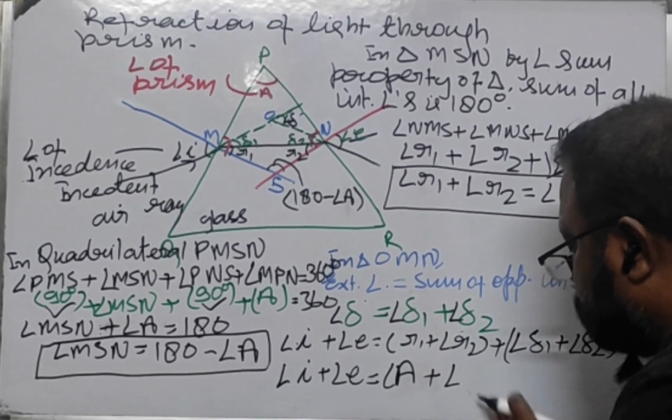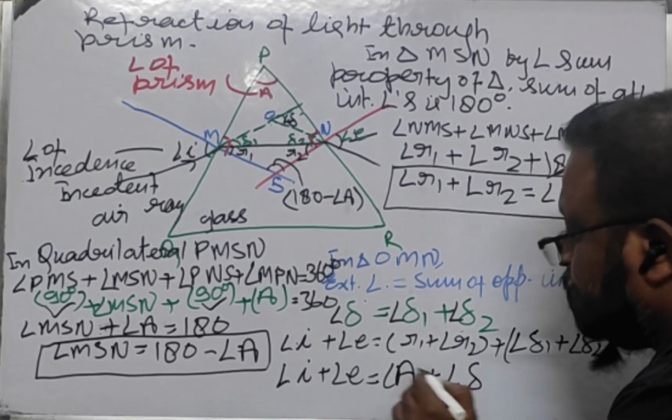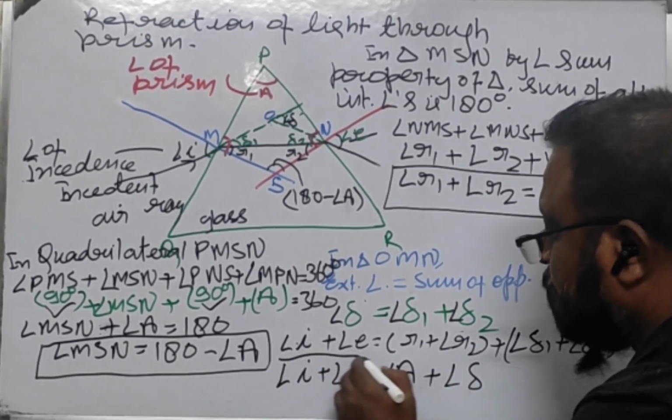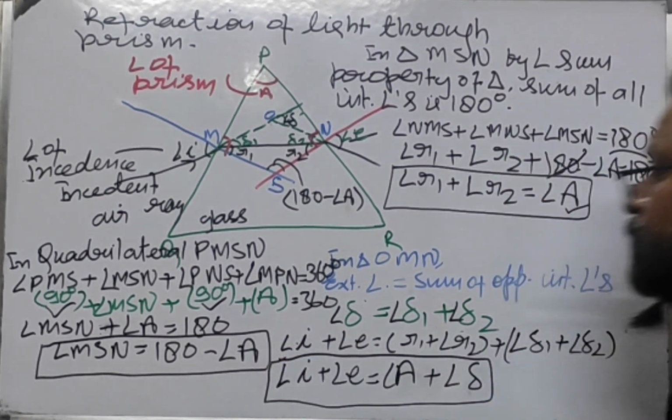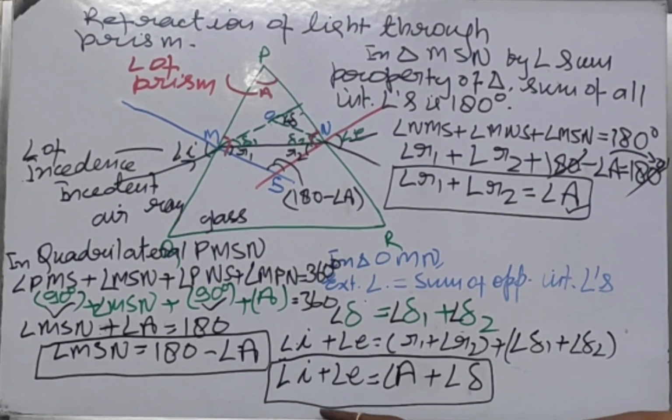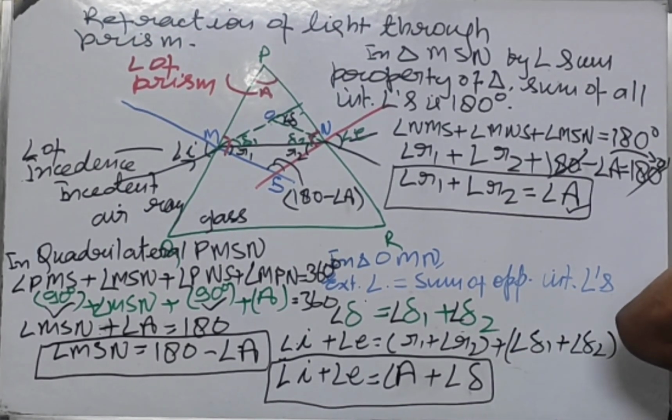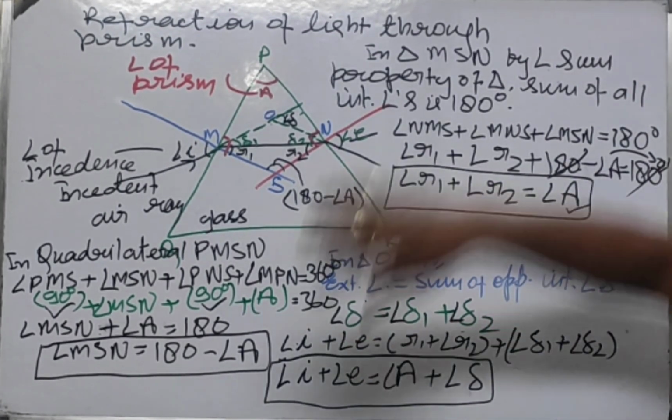So this is the relation we have. Angle of incidence plus angle of emergence is equal to angle of prism plus angle of deviation. I hope you understand. So this is what we have about prism, right?